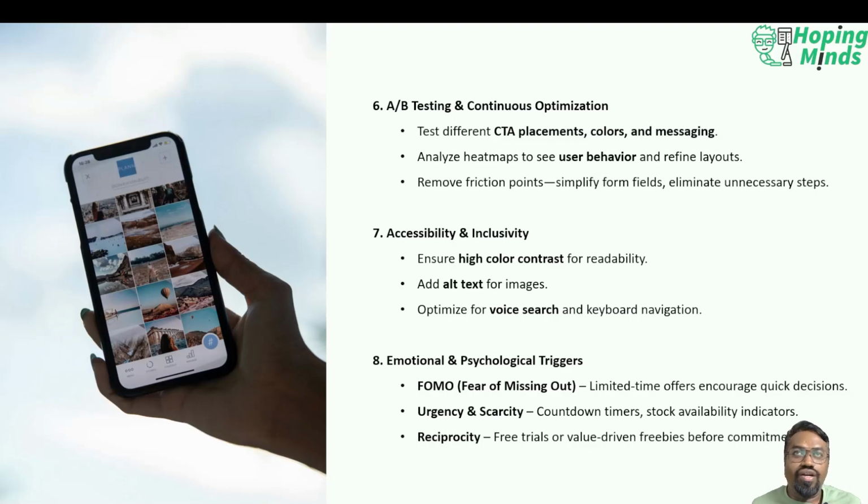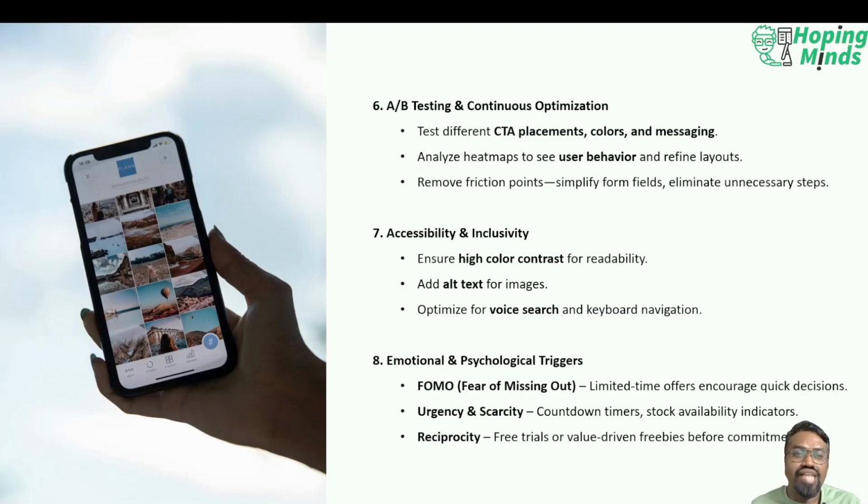One of the very crucial tools in this is Hotjar. Hotjar is a tool which gives heat maps of the clicks that a particular user is making on a website. You can check, and you can change your strategy for the website as well as the landing page that you are creating, right?